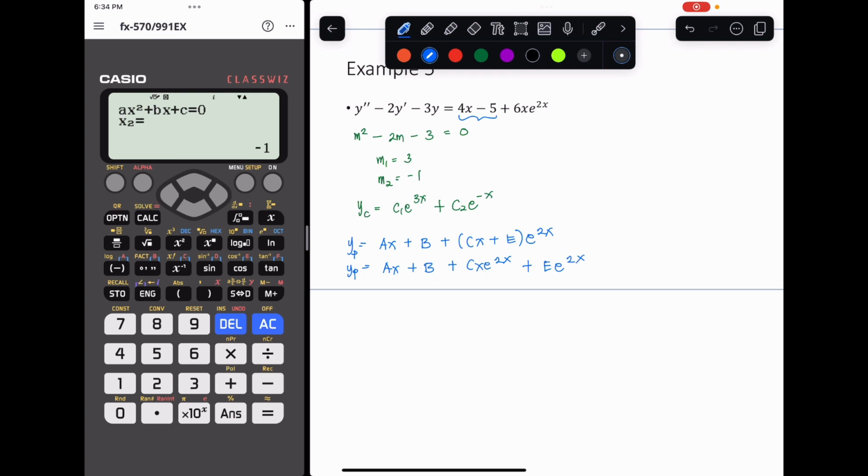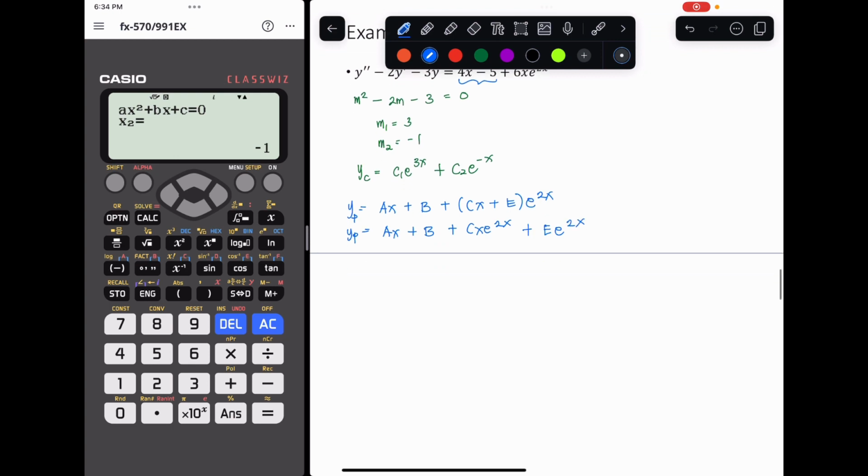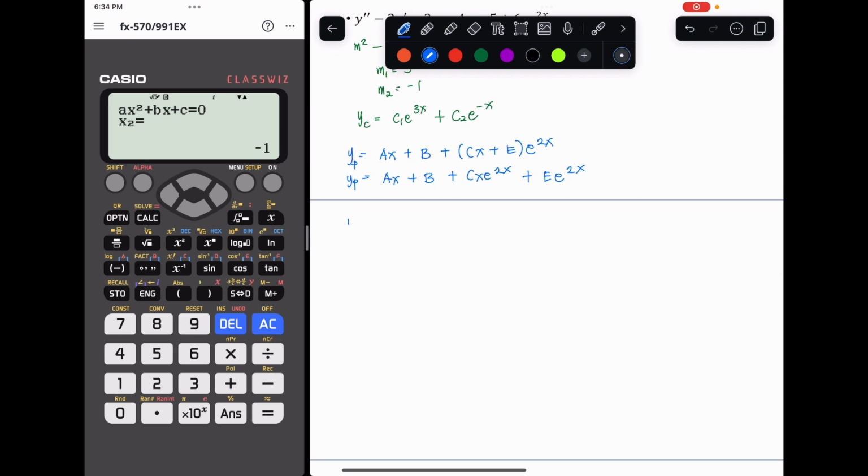Again, since this is a second derivative, we find the first derivative first. That would make it a, then b is 0, then plus c times x e to the 2x, which will be a product. So u is x, e to the 2x, derivative of 2x is 2, then plus e to the 2x, derivative of x is 1.